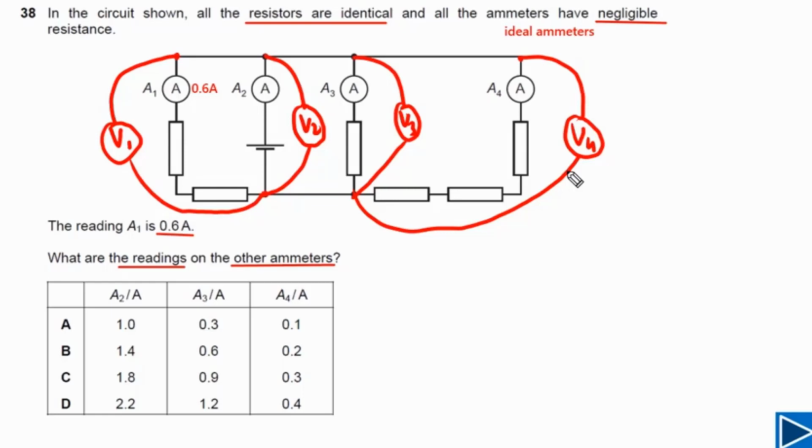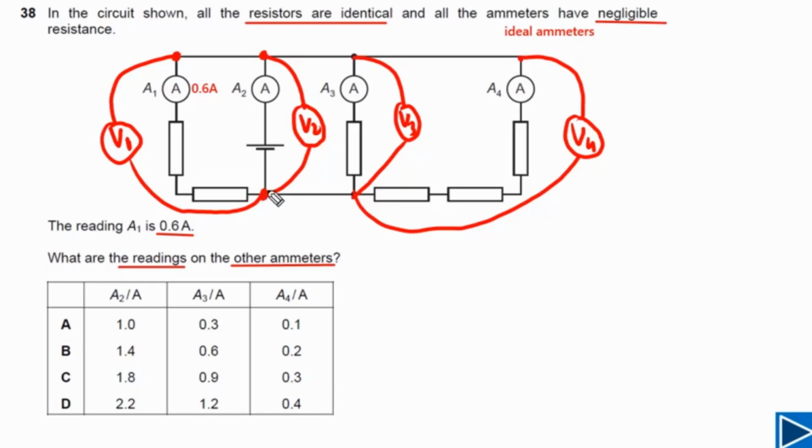And this is the main idea you need to understand. If I look at V1 and V2, this point and this point are at the same potential because this wire is an ideal wire. So I'm finding the potential difference across this point and this point for V1, and for the second voltmeter I'm finding the potential difference across this point and this point.